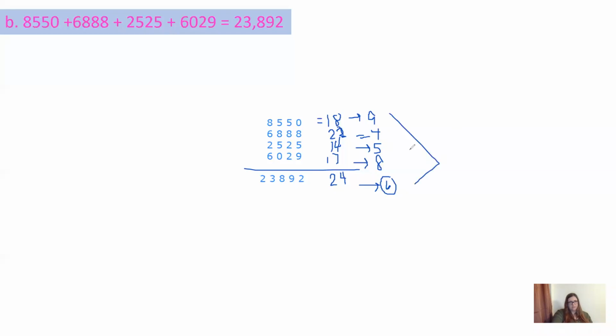Now we got to add these up, or just these 4. Sorry. So 9 plus 4 plus 5 plus 8. Well, that equals 26. And we got to add these together.